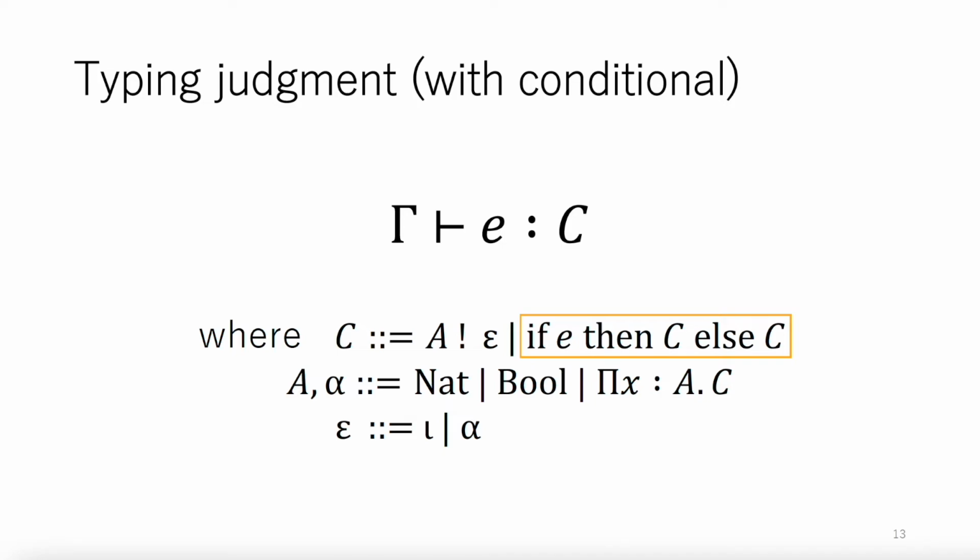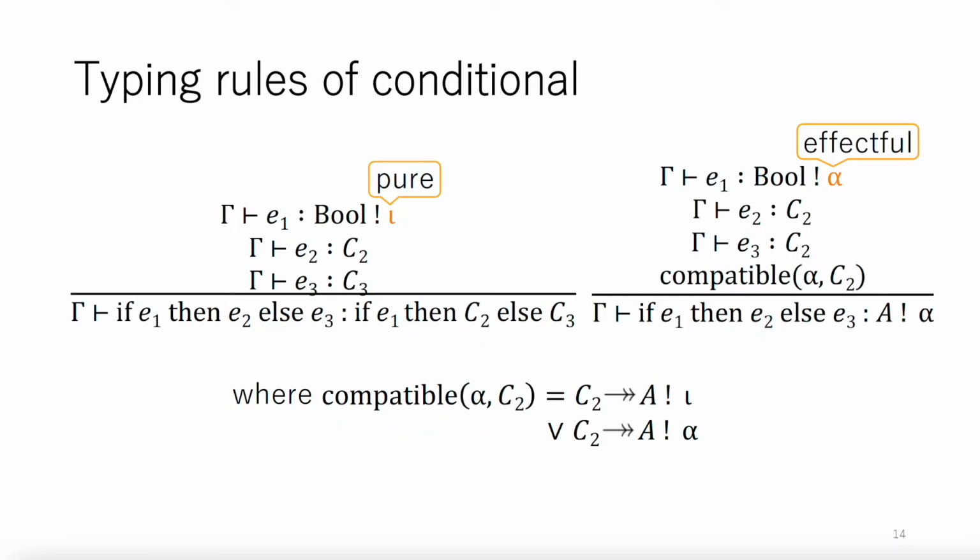All right, now we extend the language with partially effectful conditionals. We use the same typing judgment as before, but we may now have a conditional type in the type part of the judgment. The conditional type is introduced by the typing rule for dependent if, which is shown on the left.